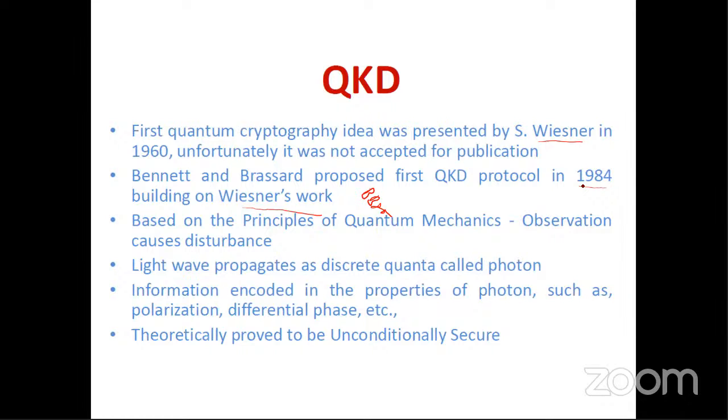And this disturbance is observable by both A and B. So what is the idea? In QKD, we send a qubit, which is realized by a photon. Whenever E is present, its presence will cause disturbance, and that will be observable by A and B.